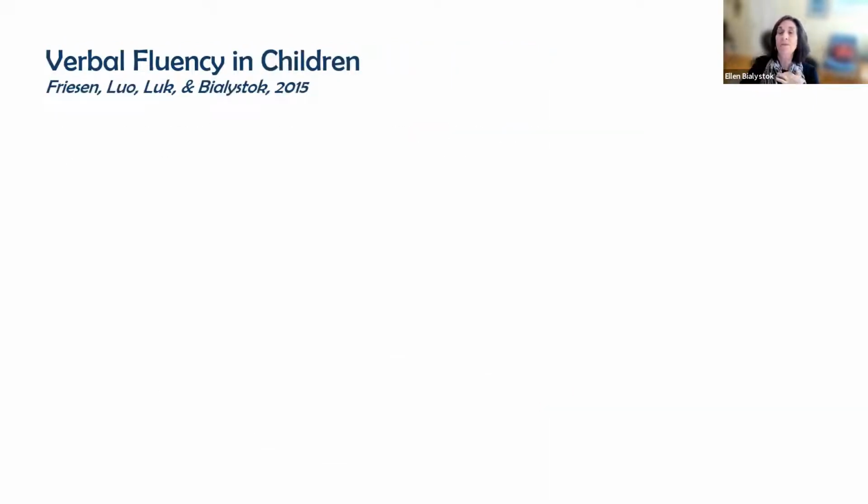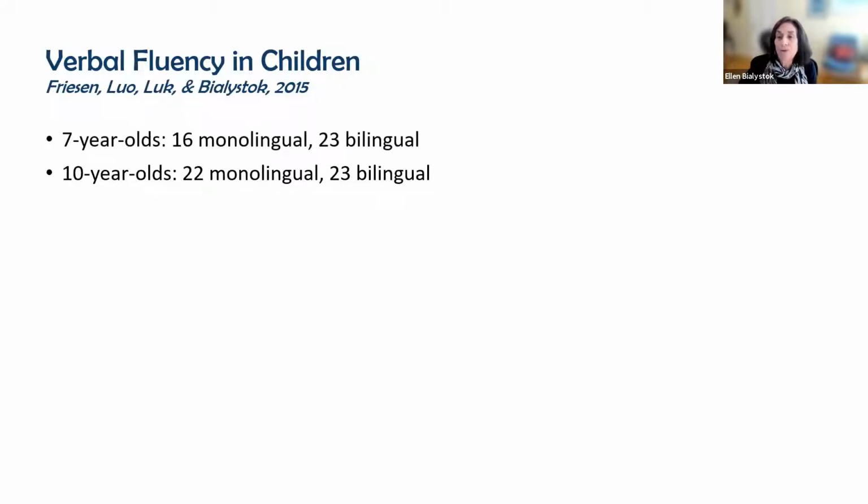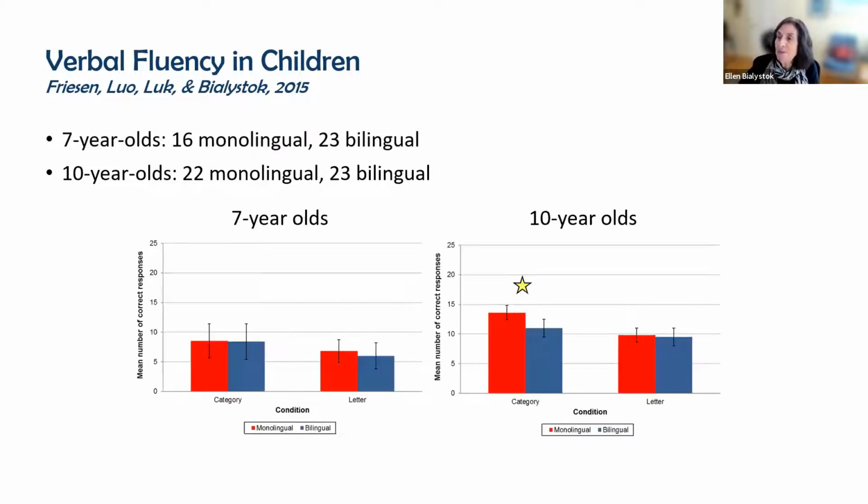So what happens when you do this with children? Well, we did fluency tasks with 7-year-old and 10-year-old children, and we gave them both semantic and phonological fluency. And here's what happens with children. These are hard tests. First, you can see all of these bars are pretty low.